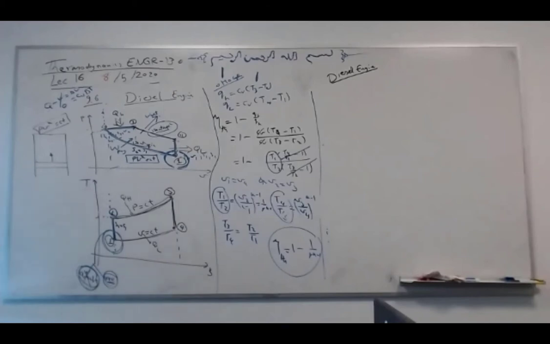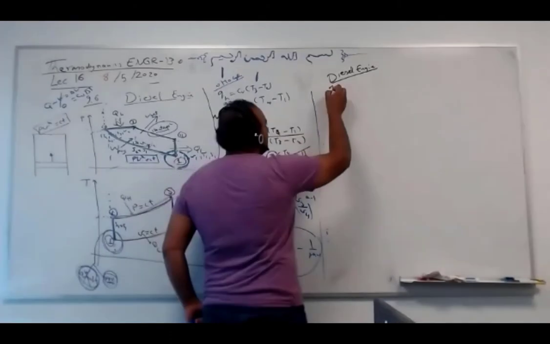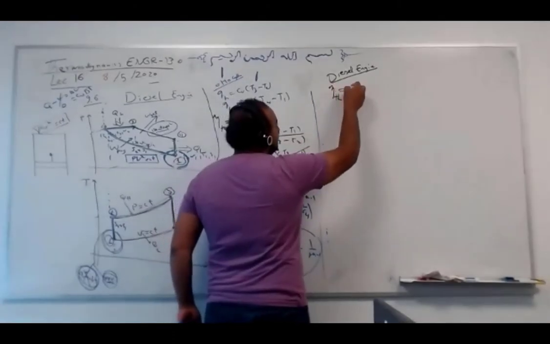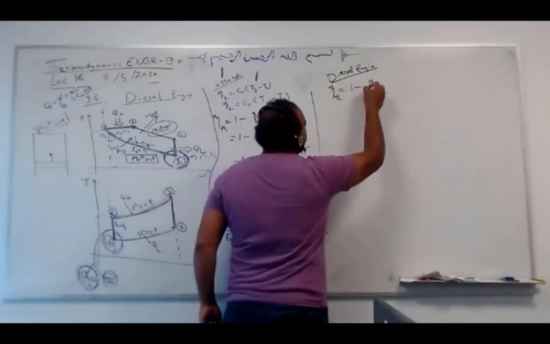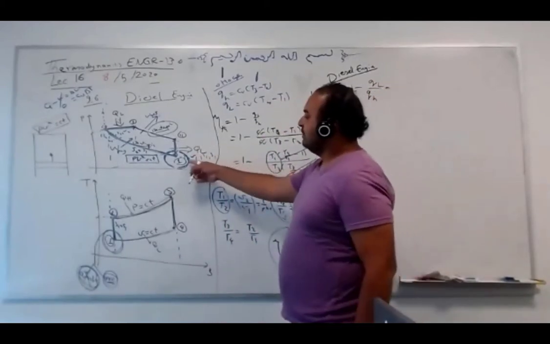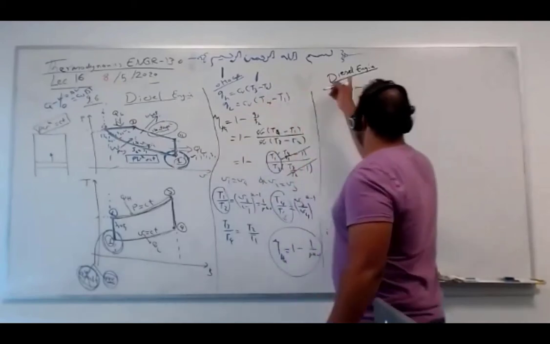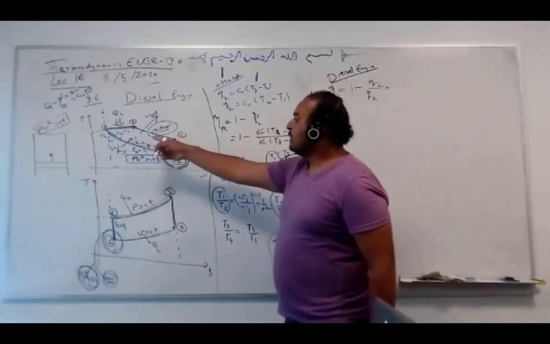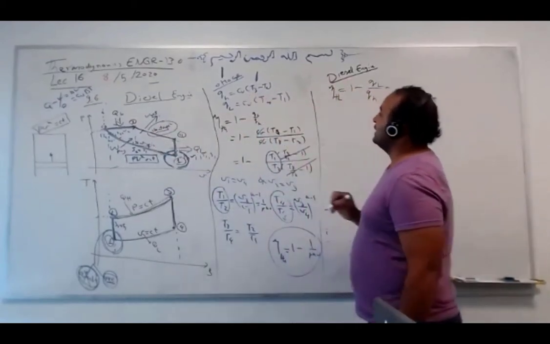Let's now derive the efficiency for the diesel engine. Again, eta thermal is, and it will be forever, 1 minus Q low over Q high. Q low is at constant volume, Q high at constant pressure for the diesel engine. Q low and Q high were both at constant volume for the Otto cycle.